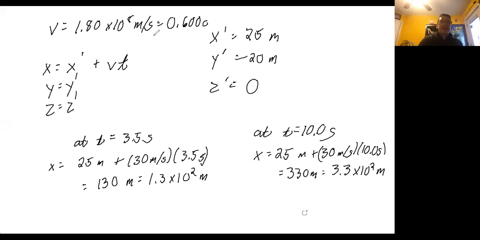So now let's go back and figure out the Lorentz transformation.